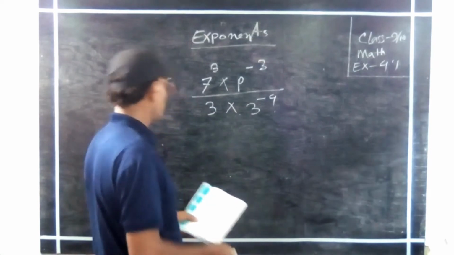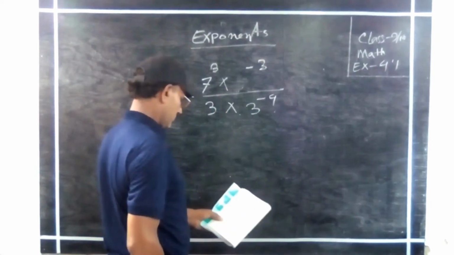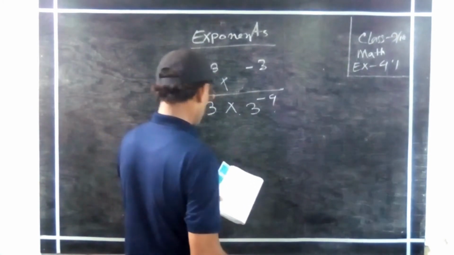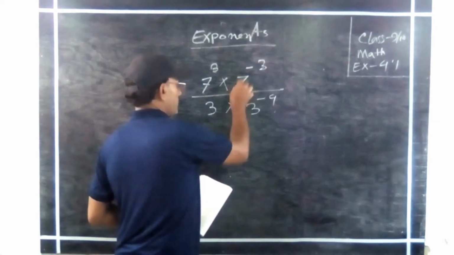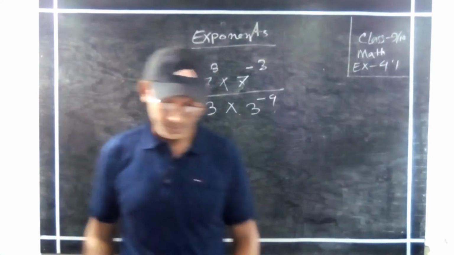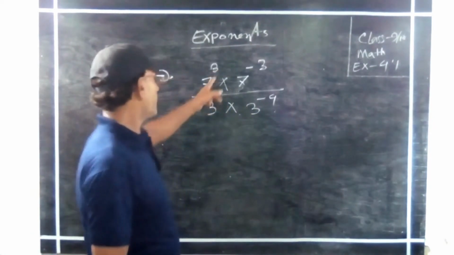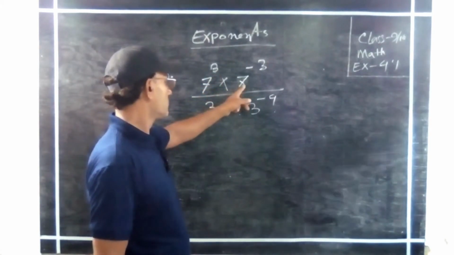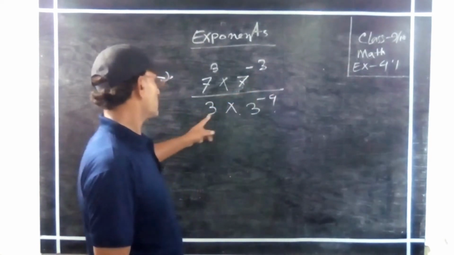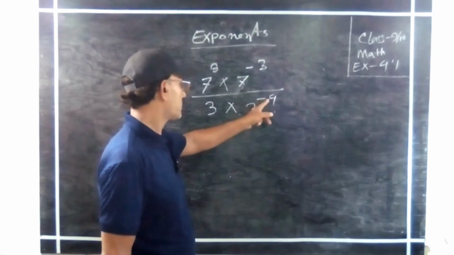Sorry, we wrote here wrong. Base is our 7. That means 7 cube into 7 to the power minus 3, divided by 3 into 3 to the power minus 4.